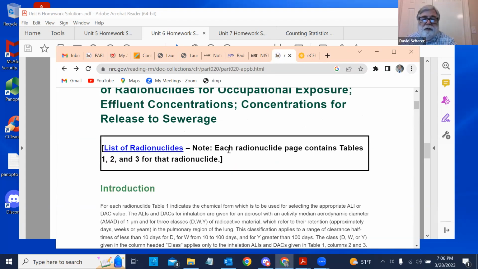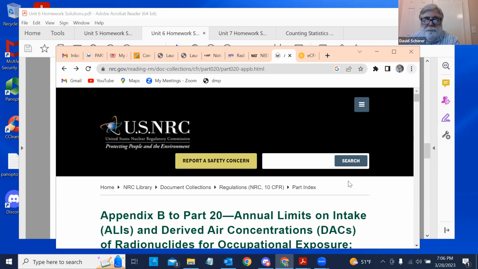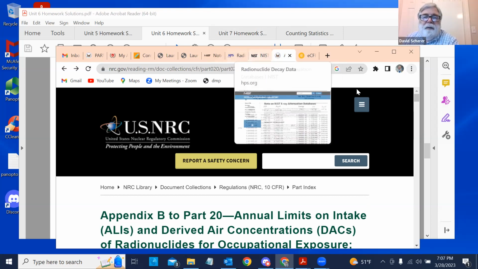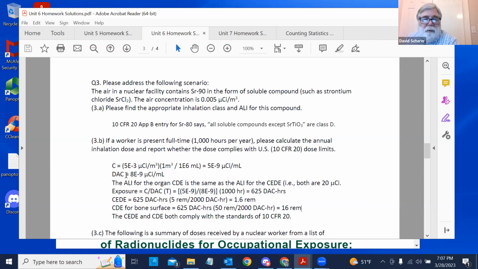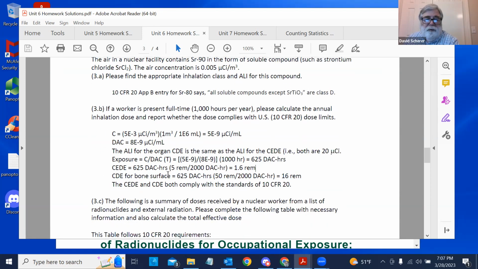It's 20 liters per minute. Think about the lungs and how many breaths, 20 breaths a minute and all that, and it makes sense. It's one way to remember it. Okay, so I've done 16 rem for the bones and 1.6 rem for the committed effective dose equivalent.